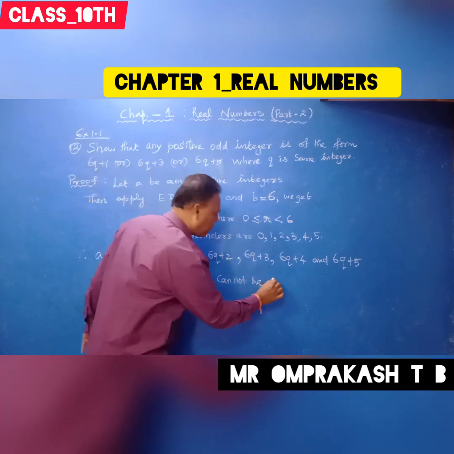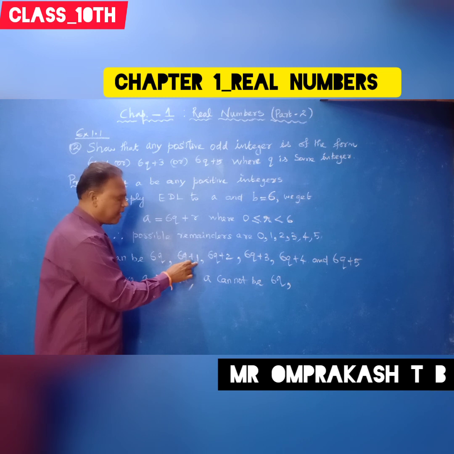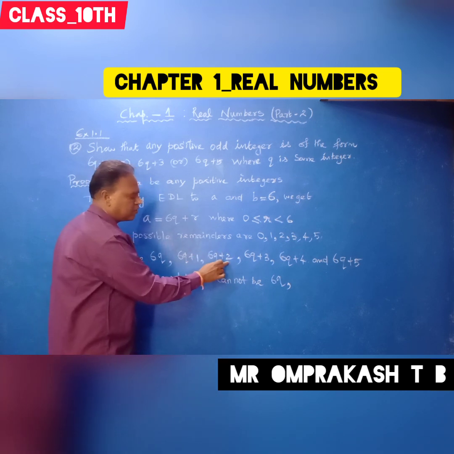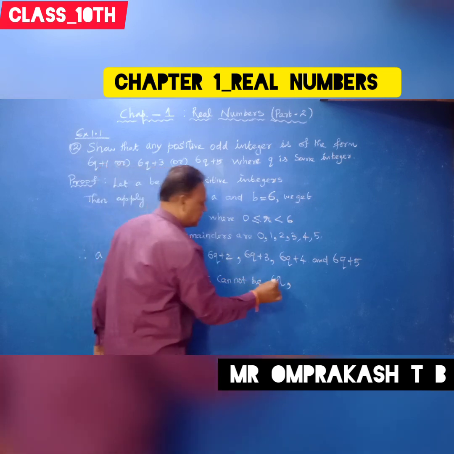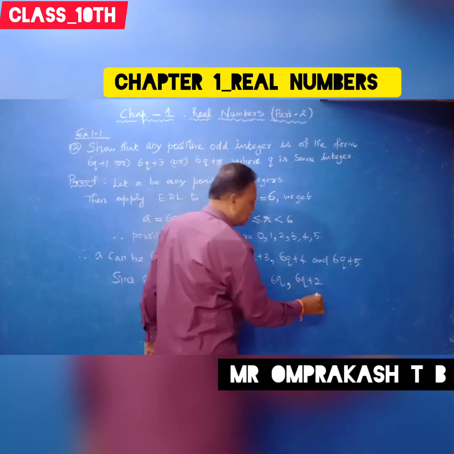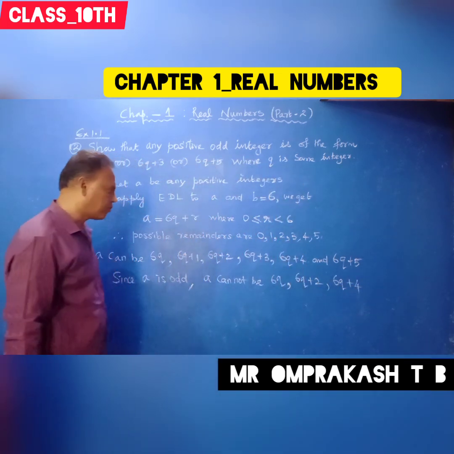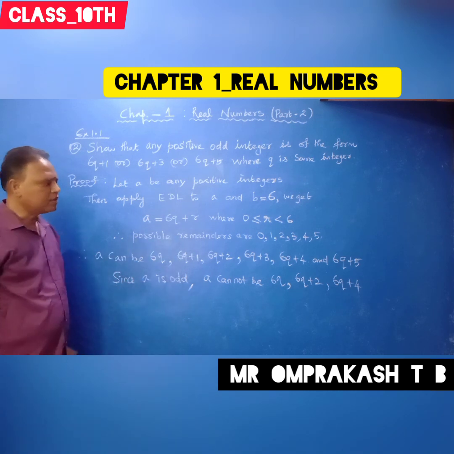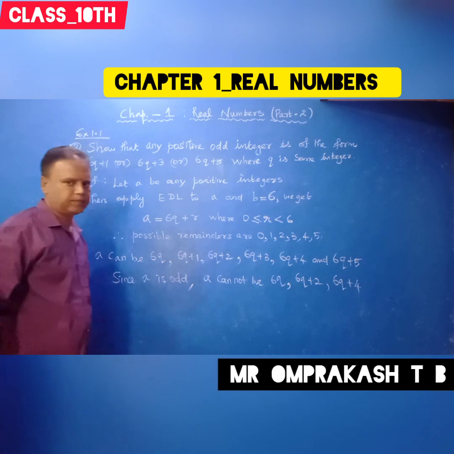So 6q is even. Then 1 is odd, you add, it will be an odd number. Then 6q plus 2 is also even, because you are adding even to an even number. Then 6q plus 3 is odd, 6q plus 4 is even. Clear? So a cannot be 6q plus 2 or 6q plus 4.